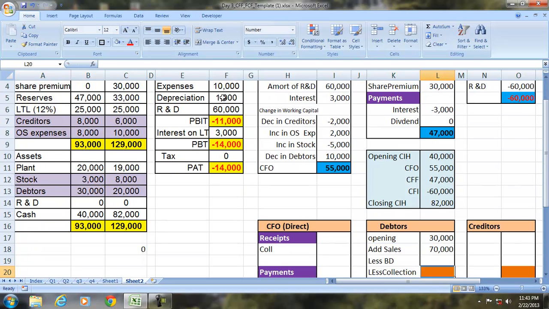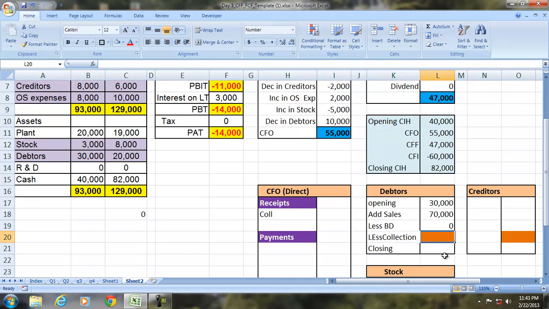No bad debt during the period because nothing is shown on the income statement, and the closing debtors is 20,000. So the collection is the balancing figure, 30,000 plus 70,000 minus 0 minus 20,000. So collection is 80,000. So collection from the debtors is 80,000.